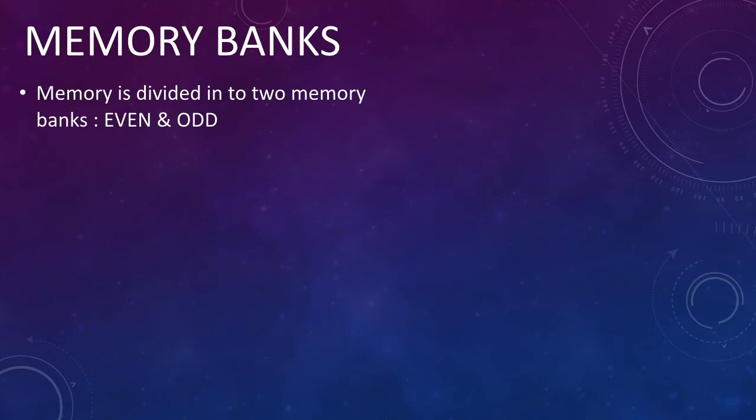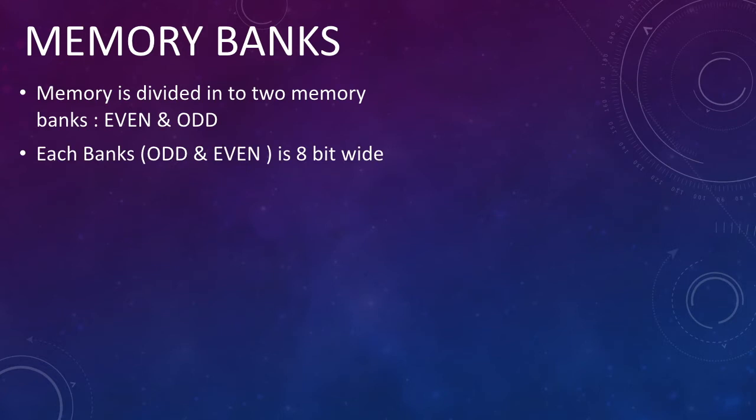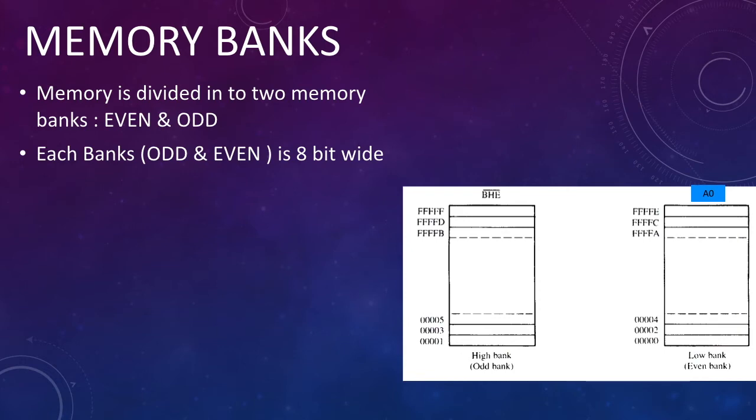The even bank contains all even addresses, starting from 00000H, next will be 00002H, then 00004H, and similarly the odd bank contains all odd addresses, that is it will start from 00001H, then 00003H, and so on and so forth. Each memory bank is 8 bits wide, that is, 8-bit data is saved at each location in the memory bank. As you can observe in the figure, we have the low bank, which is called the even bank, and the high bank, which is the odd bank.